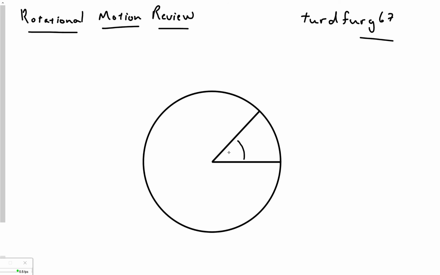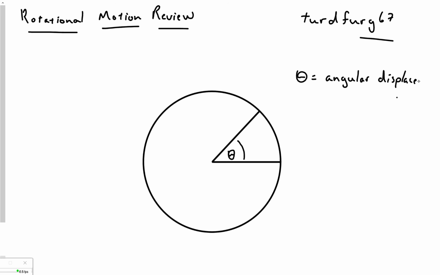So first off, we've actually got this angle. What's funny is we're used to calling this an angle, but now, theta, we're actually going to call that an angular displacement.